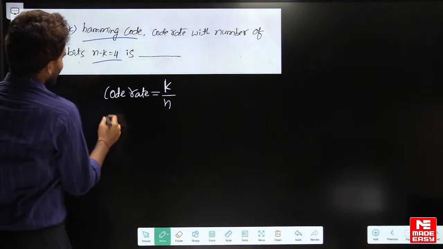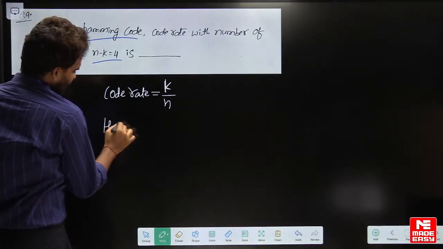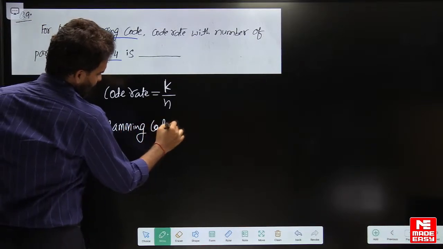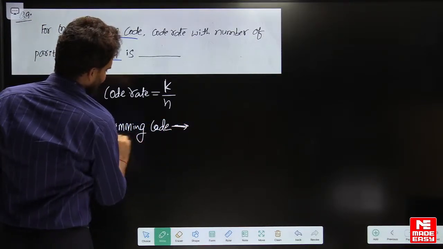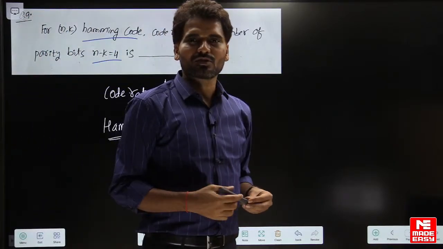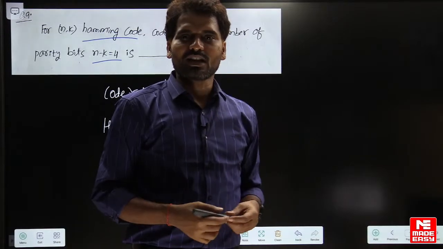Here the Hamming code is given. So what is a Hamming code? A single error correcting perfect code will be called a Hamming code.